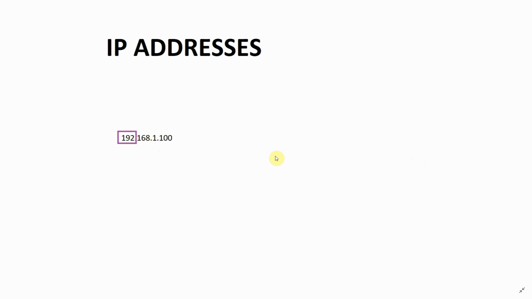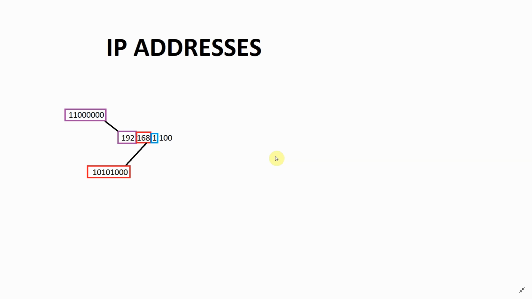For example, 192 is equal to 11000000 in binary form. Okay, so that's one octet. 168 is its own octet. That is equal to that in binary.